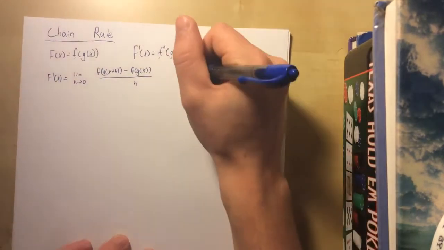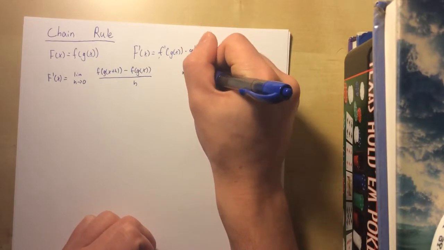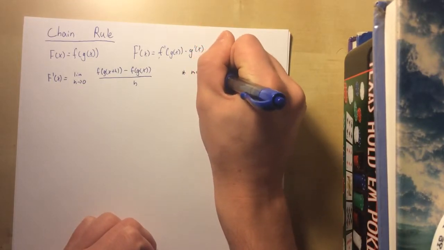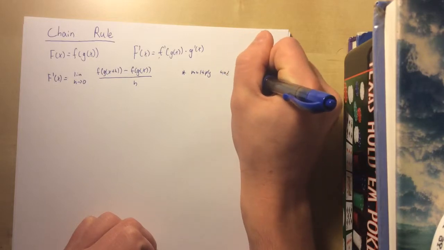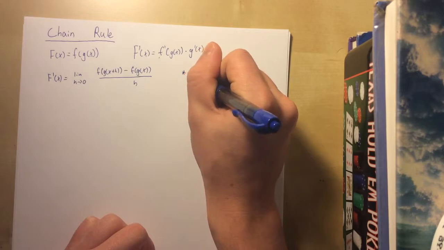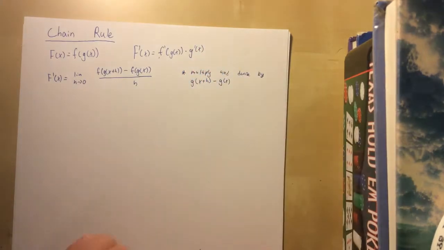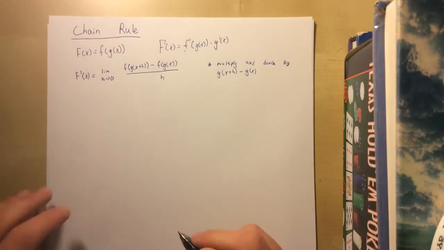And once again, I'm going to do some tricky math stuff. So I'm going to multiply and divide by g of x plus h minus g of x. So let's see how that looks.